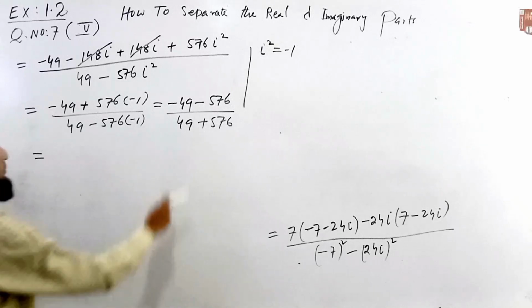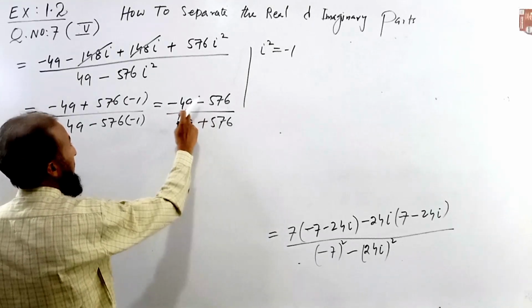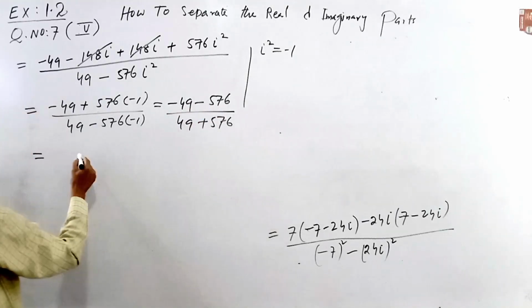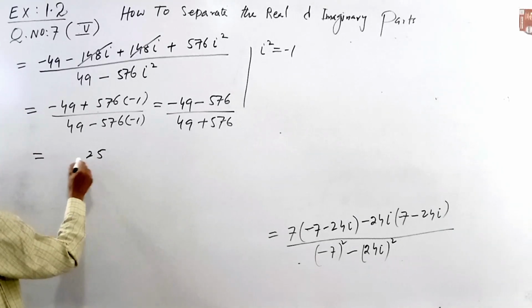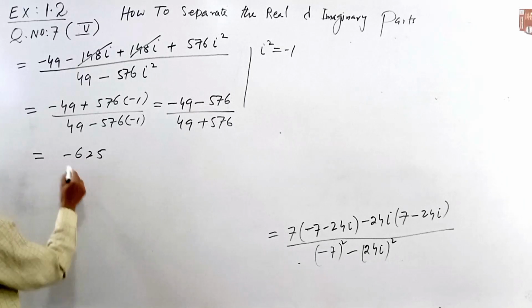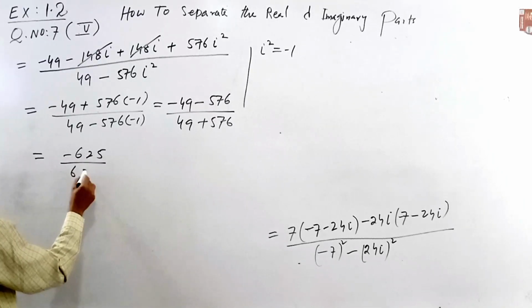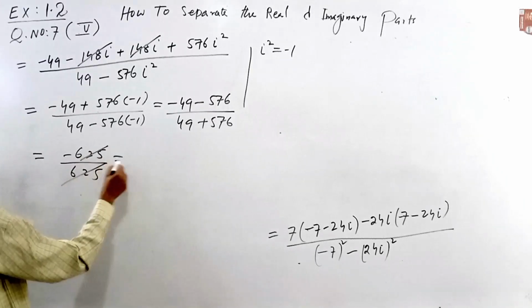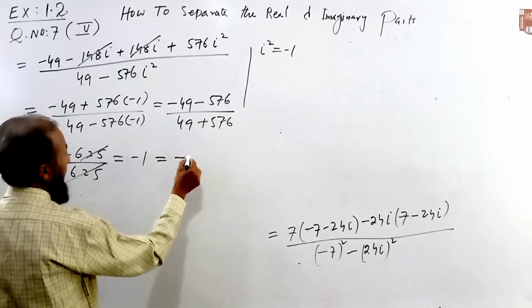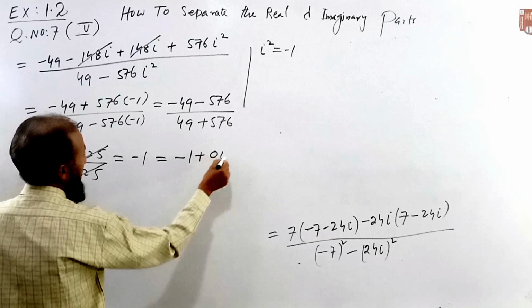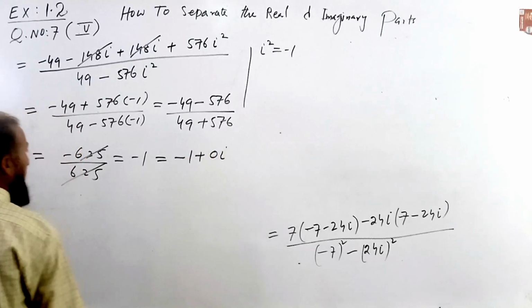If we add these two terms, we get 625, and the minus and positive 625 are both cancelled. We get -1, and we change it into the i form.